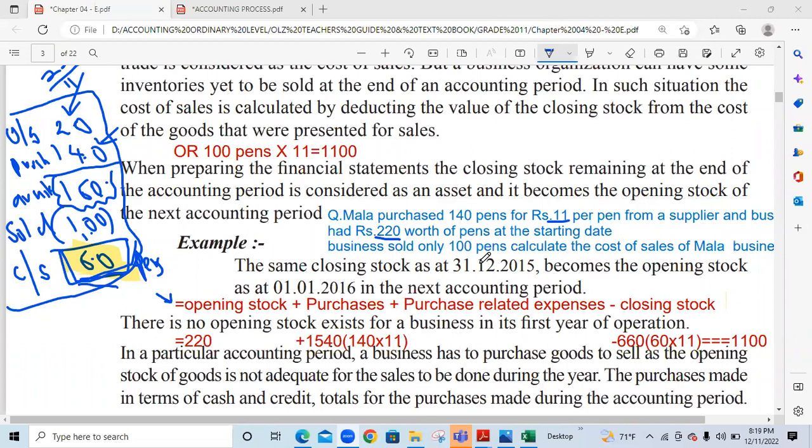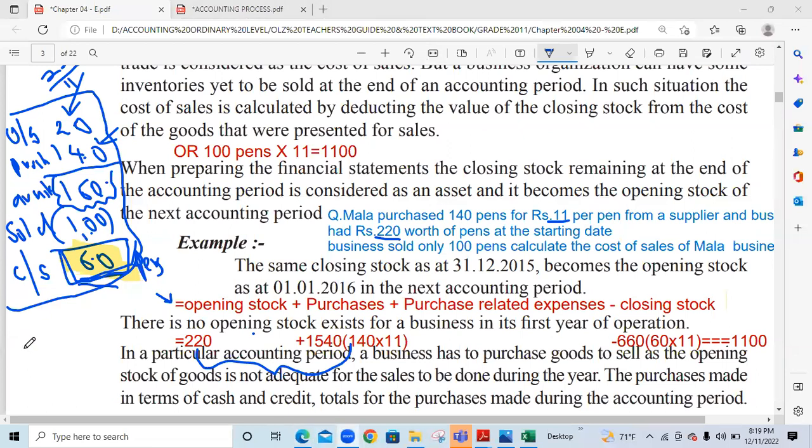You all already know cost of sales is 1,100. How much worth of goods did you present your customer? Very good. See here, the opening stock plus your purchase. That's how much?